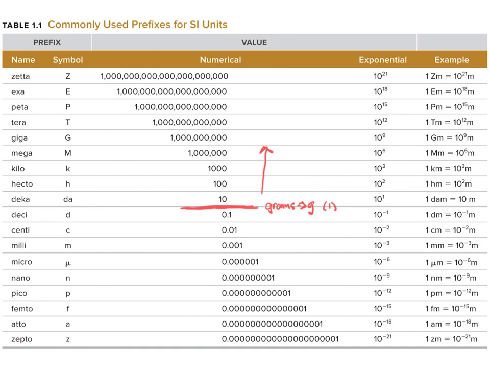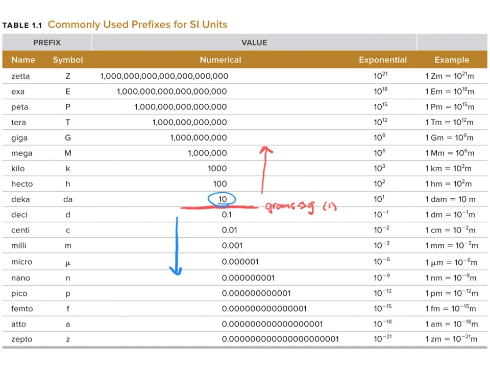If I go in the other direction, so if we go down in this direction, we're making our base unit smaller because we're multiplying by a fraction. So if I multiply by a tenth, if I make my base unit 1/10 smaller, then I would put a D in front of it, and that would be decigrams. If I make my unit 10 times larger, then I would be putting a DA for deca in front of the G, and that would be decagrams.